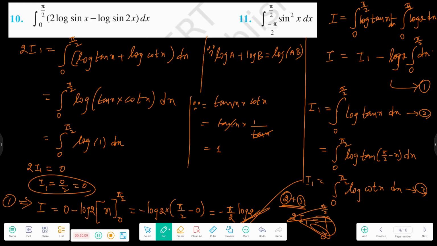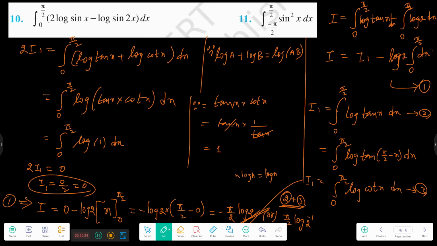The book back answer is actually log of 1 by 2, it seems. When you take the minus to the power, you will get the book back answer. So pi by 2 log 2 power minus 1. This is the formula we have: n into log a is equal to log a power n.